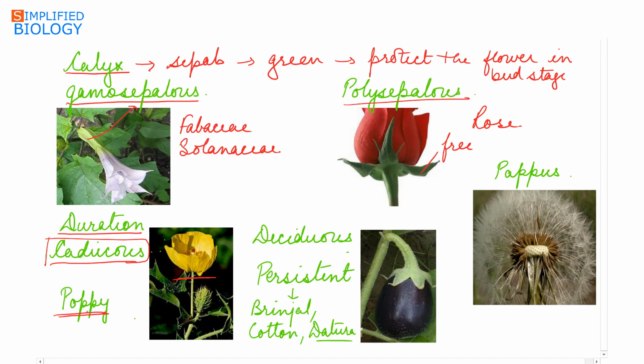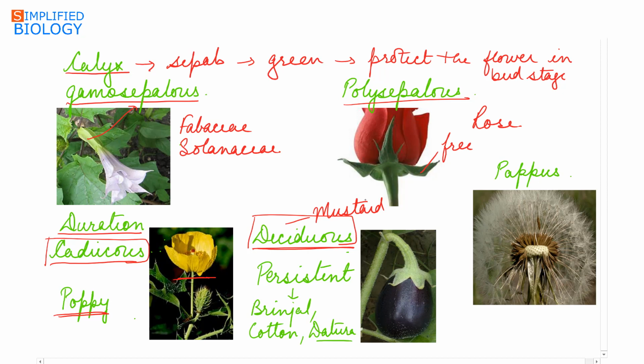Example, poppy. While in most flowers, the calyx falls along with the flower. As the flower dies, the calyx also dries and dies. That is referred to as deciduous, like mustard.